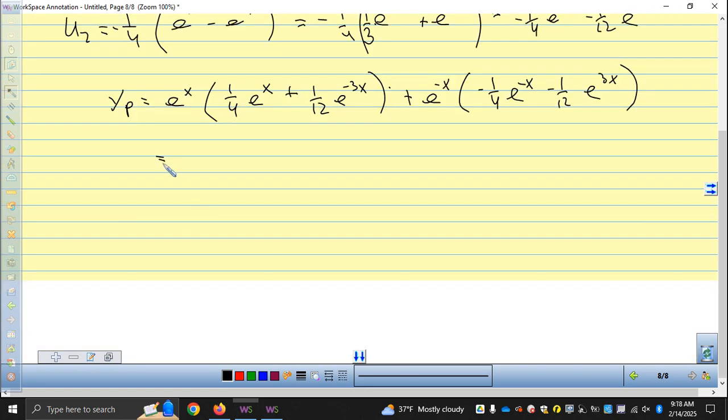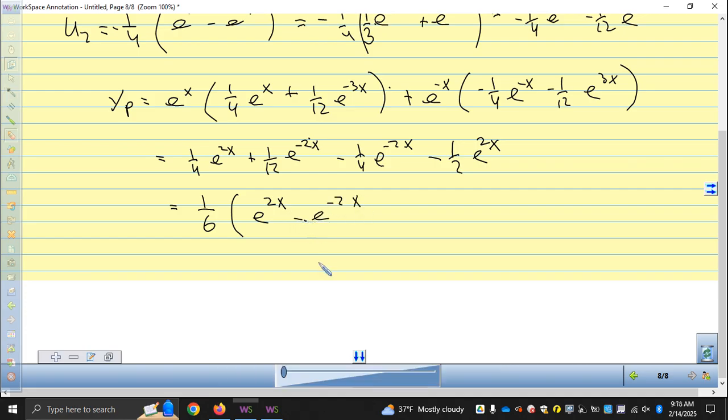And when I multiply this out, I get 1/4 e to the 2x plus 1/12 e to the minus 2x minus 1/4 e to the minus 2x minus 1/12 e to the 2x, which is 1/6 e to the 2x minus e to the minus 2x, equals 1/3 sinh 2x.